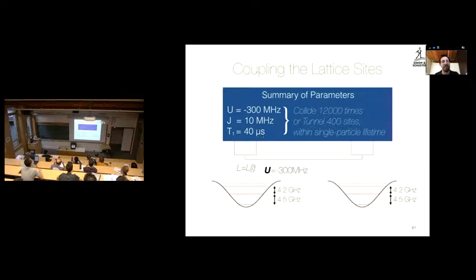The photons in one of these Josephson junction capacitor resonators have a lifetime of 40 microseconds, and people have seen up to about 500 microseconds. So you should think about the product of the lifetime and the interaction, which tells you how many collisions you can get. A typical number here is about 12,000 collisions.